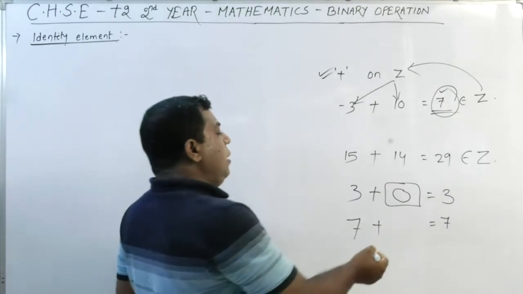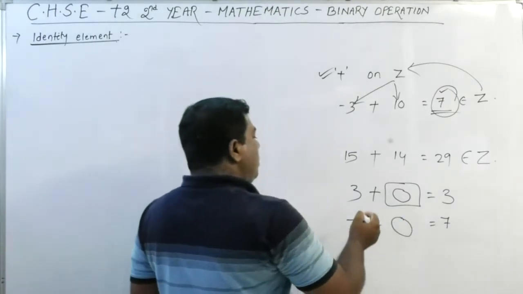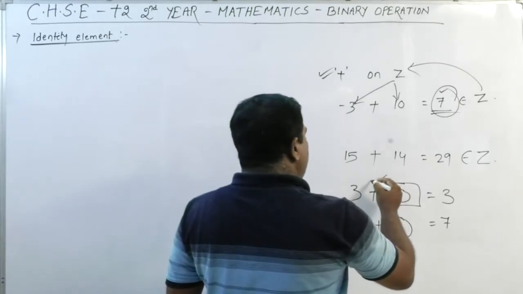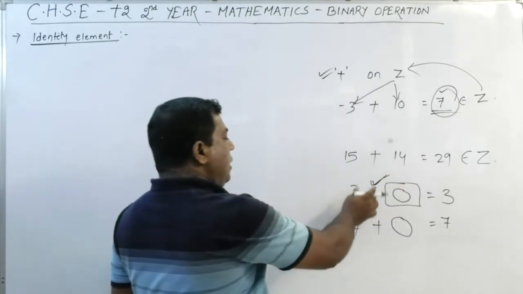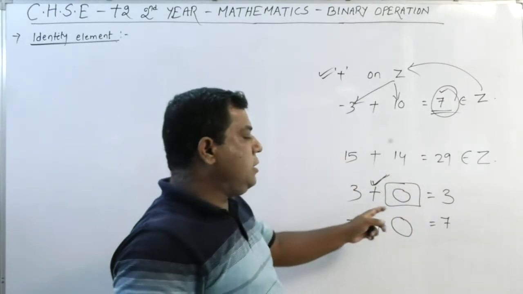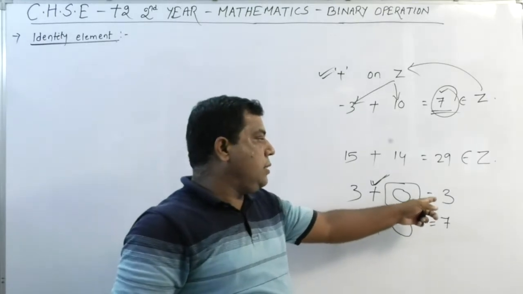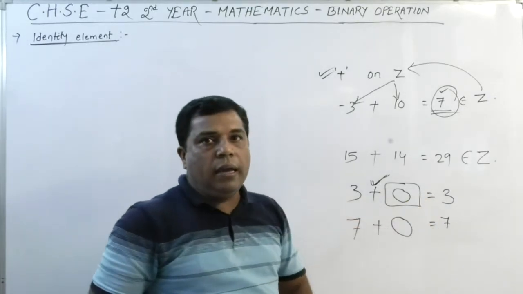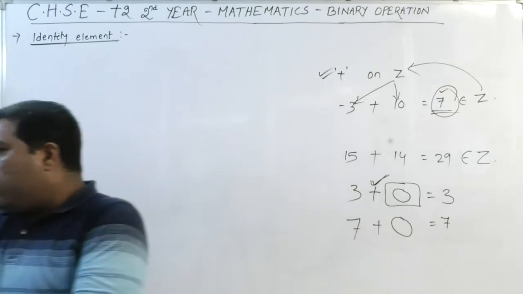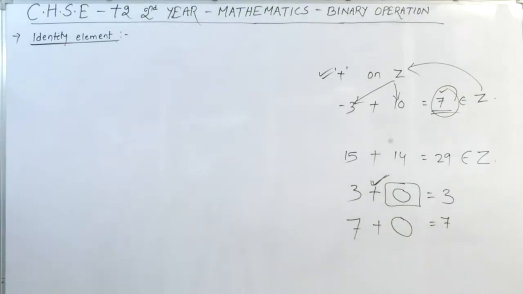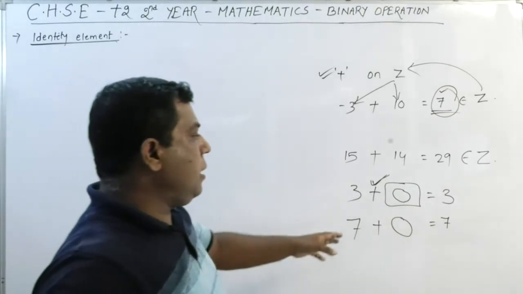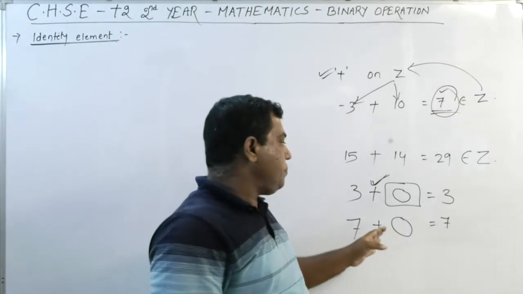Yes, that is the element 0. So we can see that with the binary operation addition, we get 0 as the identity element.